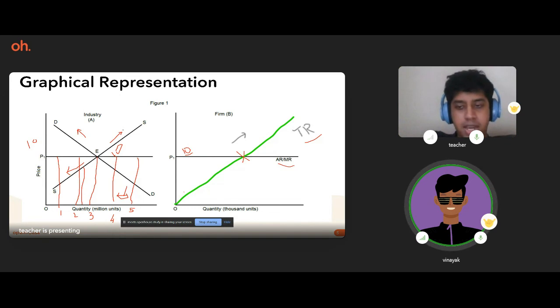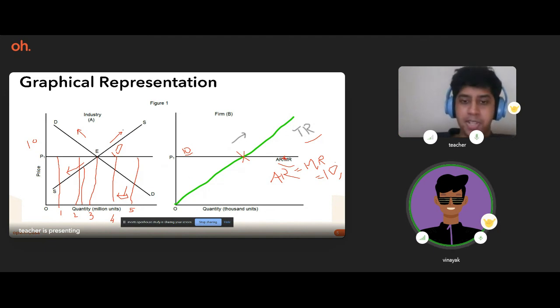It's AR/MR. That means it's AR comma MR, I suppose, or you can just write it like this. AR is equal to MR, which is equal to 10, basically.